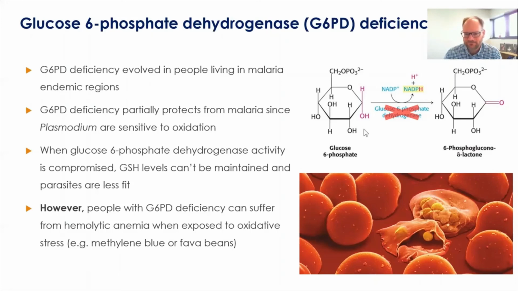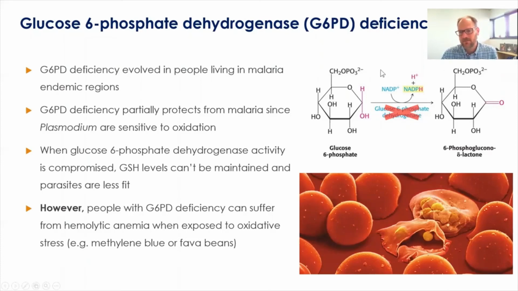As it turns out, some of these people who were of African descent ended up having hemolytic anemia and other really severe reactions to primaquine and other drugs that they were working with. As it turns out, these people had a deficiency for glucose 6-phosphate dehydrogenase.